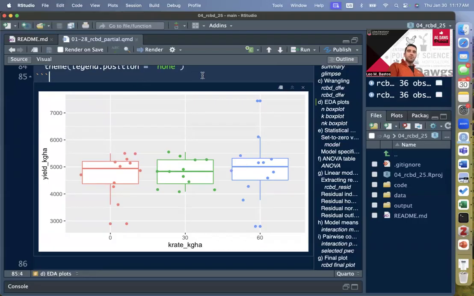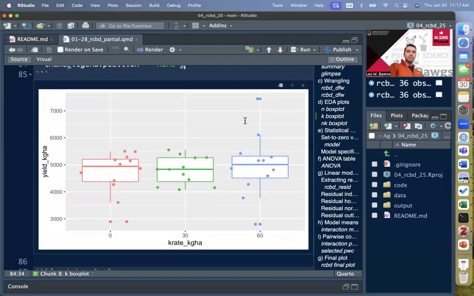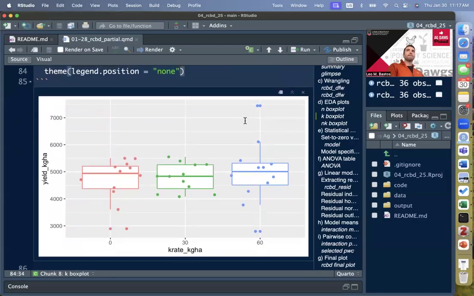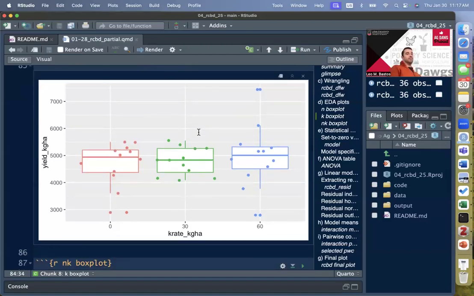What do you think? What would you say about what we're seeing here? Micah, what do you think? Of course, we are not making statistical inference yet because we have not run a model.